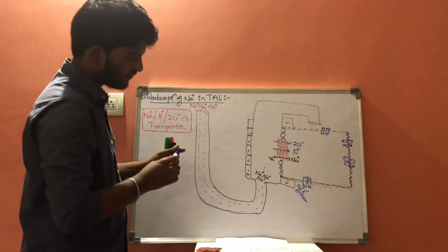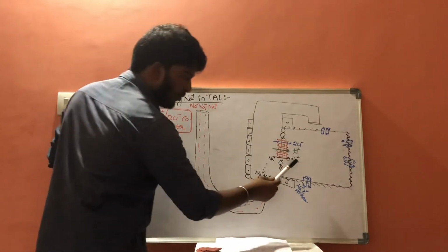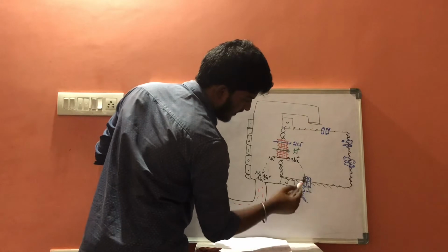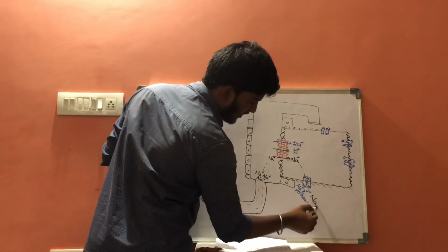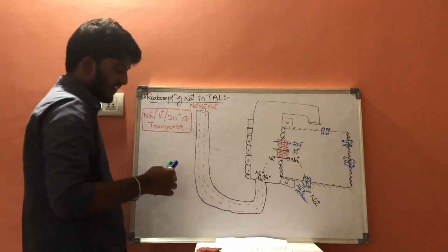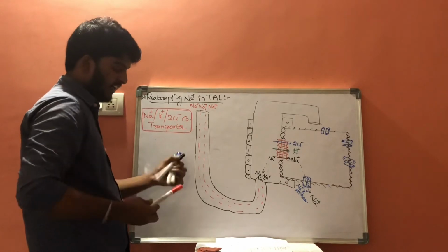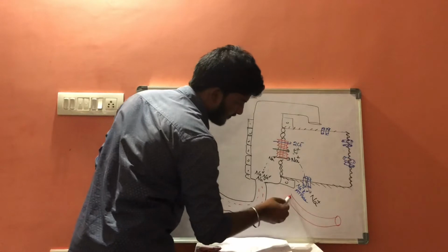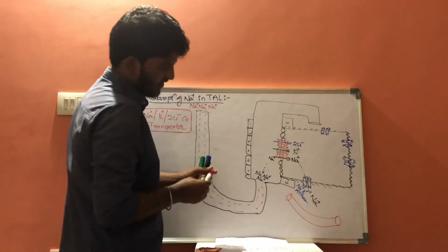Now this sodium which is present will be moving through the sodium potassium ATPase to the interstitial area. From the interstitial area again it will reach the bloodstream.